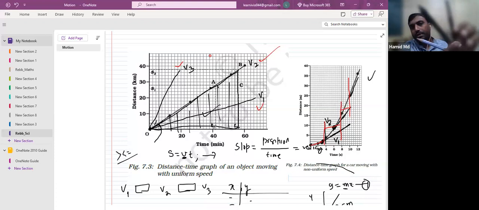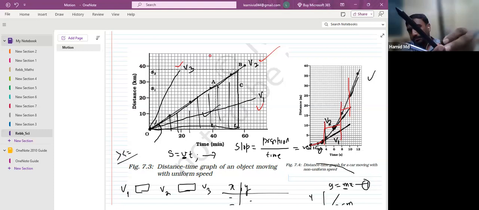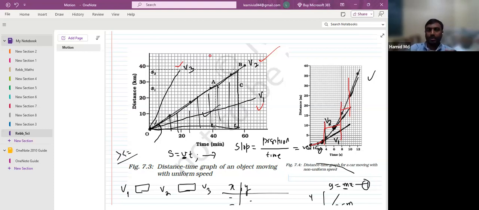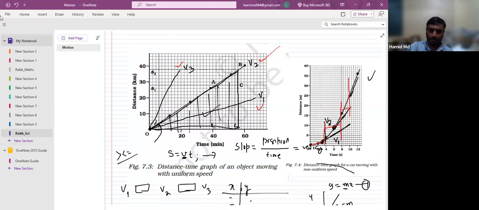We have three slopes, right? Whose slope is larger? This one. So the larger slope corresponds to V3, right? So V1 is smaller than V2 and V3.